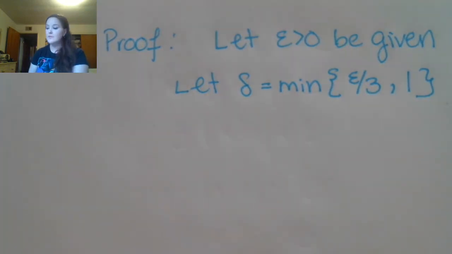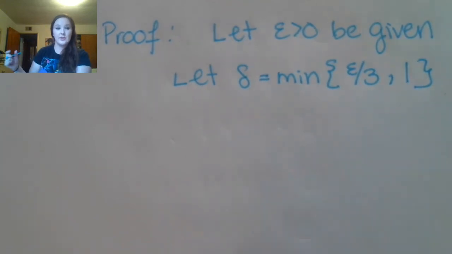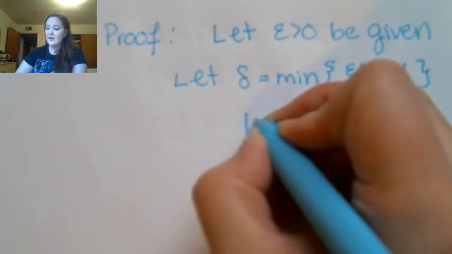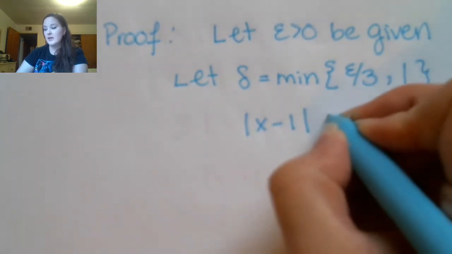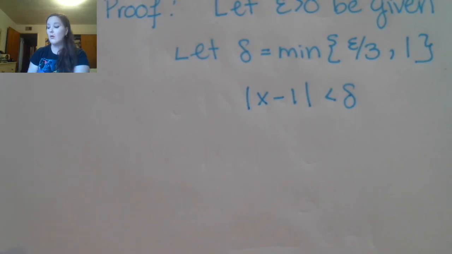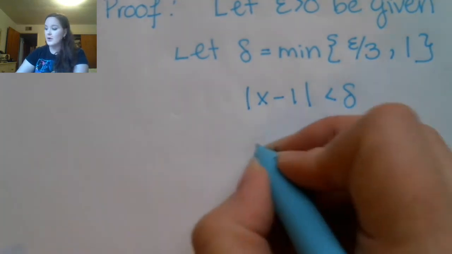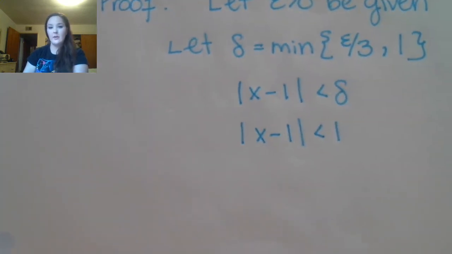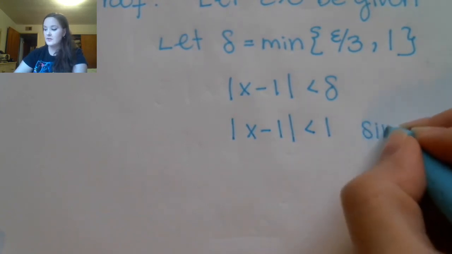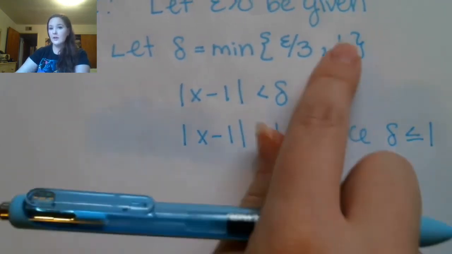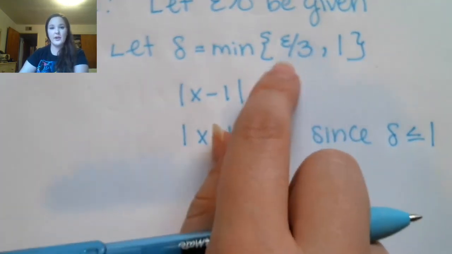Like I said before, the first thing we're going to do is talk about the absolute value of x plus 1 so that we don't have to interrupt the flow of our proof to do this. We're going to say that the absolute value of x minus 1 is less than delta. Again, we have to start with this because this is really the only thing that we know. Then this means this is less than 1, which is true since delta is less than or equal to 1. It's either less than 1 if epsilon over 3 is less than 1, or it's equal to 1 if that is greater than 1.